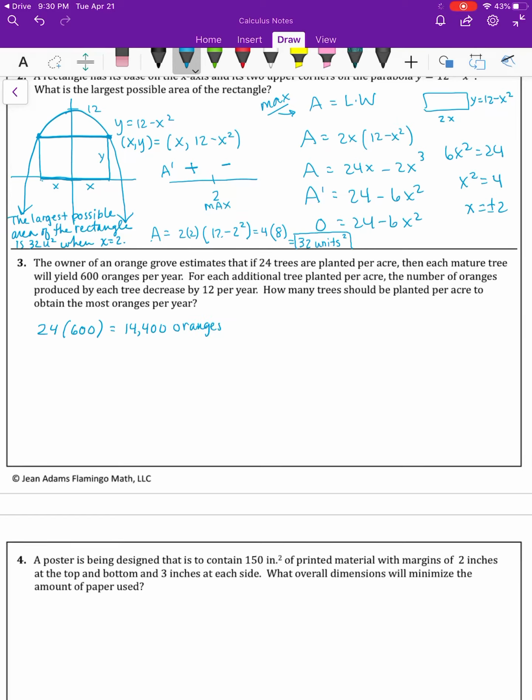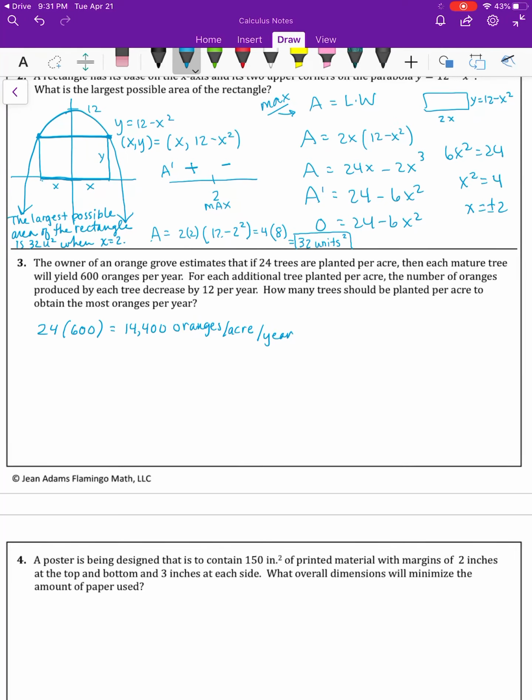So think about this as if you plant 24 trees per acre and each one gives you 600 oranges. That means that you're going to have a total of 14,400 oranges per acre each year, right?